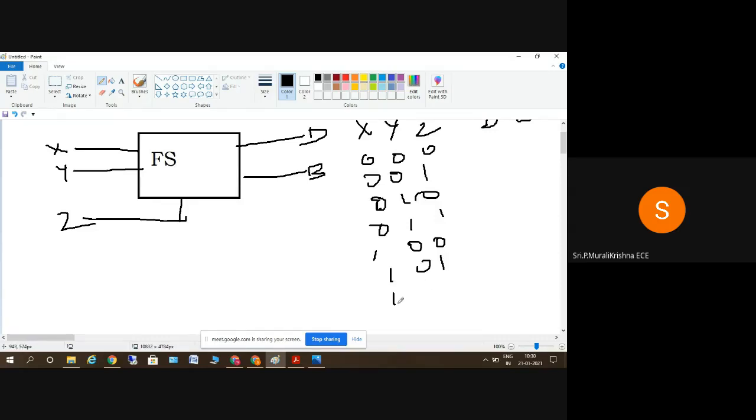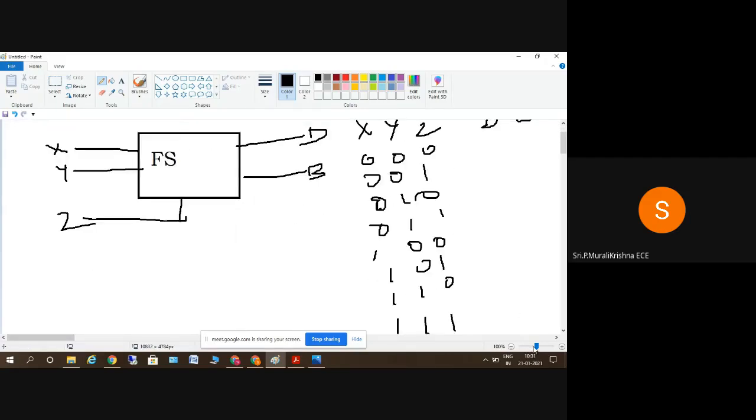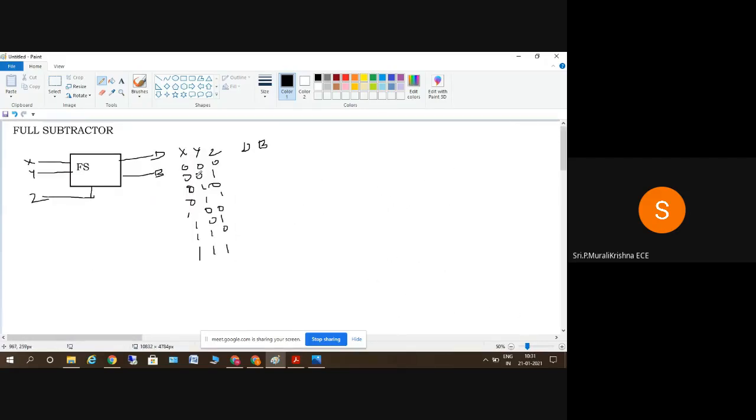Then 1, 1, 0 gives 0, 0, and so on. For 0, 0, 0, difference is 0, borrow is 0, fine. For 0, 0, 1, 0 minus 0 is 0, and 0 minus 1, the difference is 1 and borrow is 1.